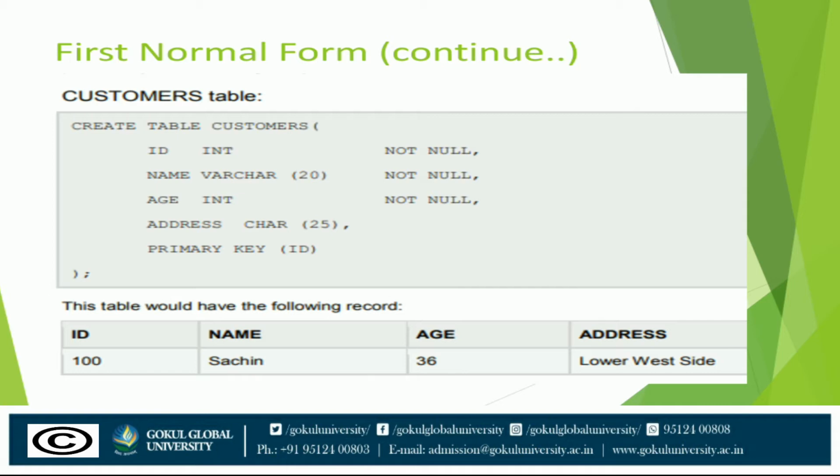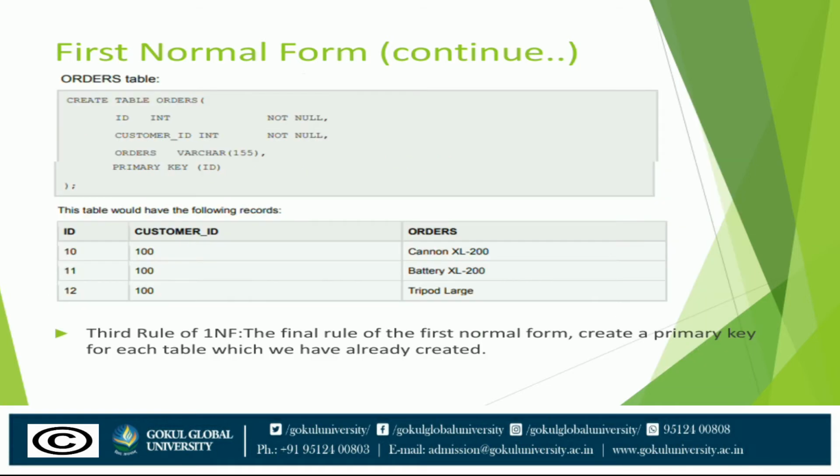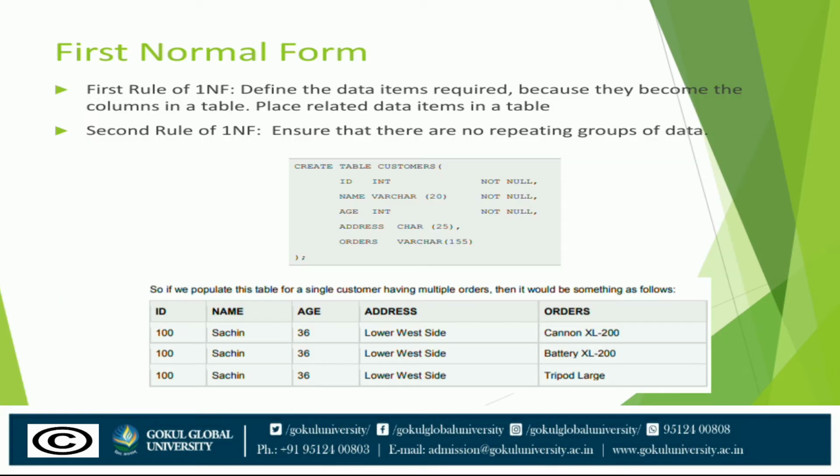We see that there is only one record per customer in this table, and we are creating another table, orders. Here we split our actual table into two tables for no repeating groups. If we look at the values in the first table, many repetitive values are there.